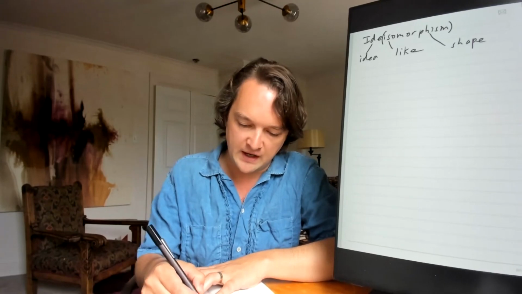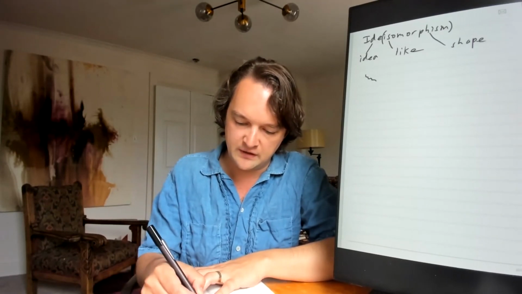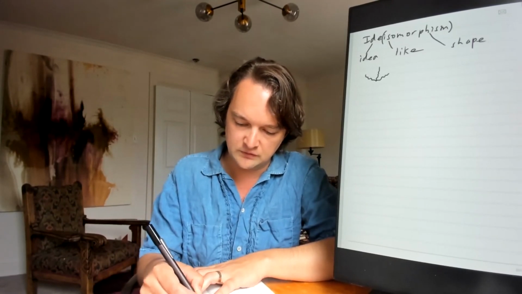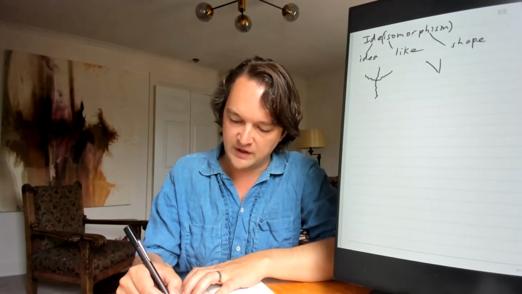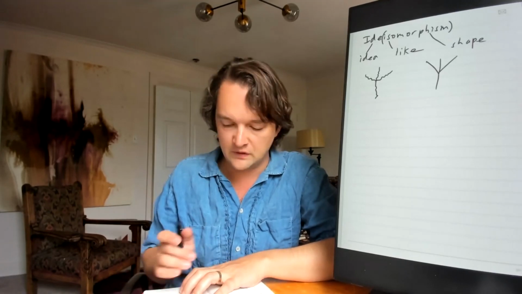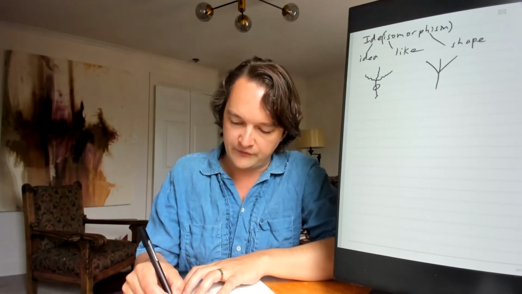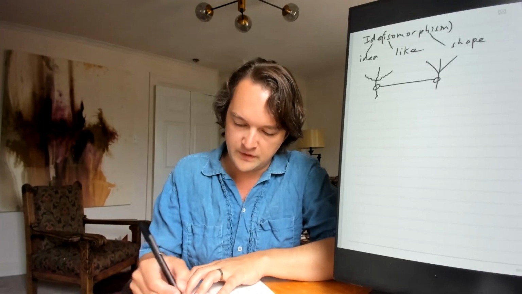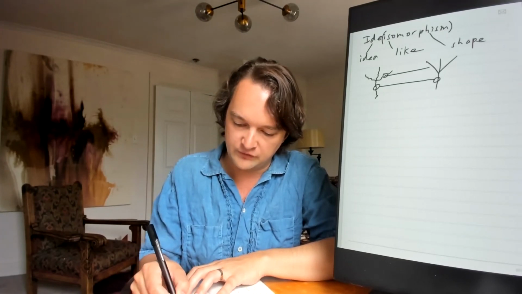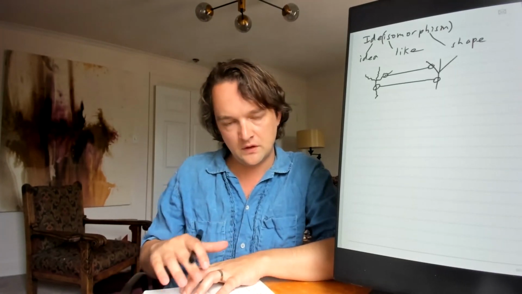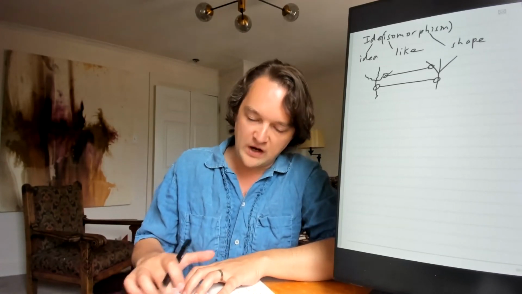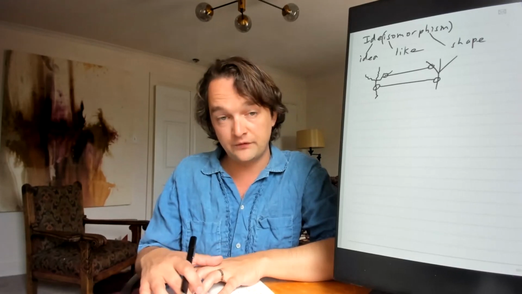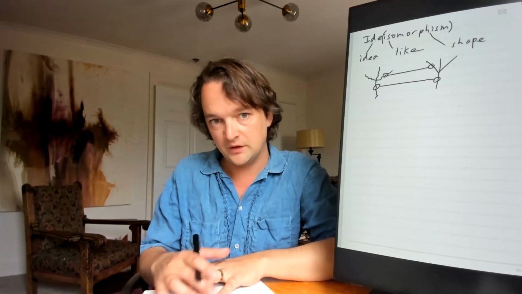So let's say I have a tree here in my garden, forgive my artwork here, and an abstract mathematical tree here. I can say they both have a trunk and they both have 3 branches, which means that there is a direct one-to-one correspondence between all of their elements. You can switch back and forth between them without losing information.